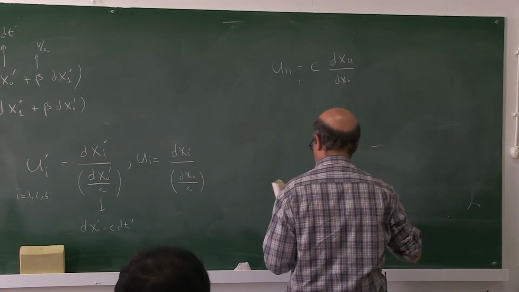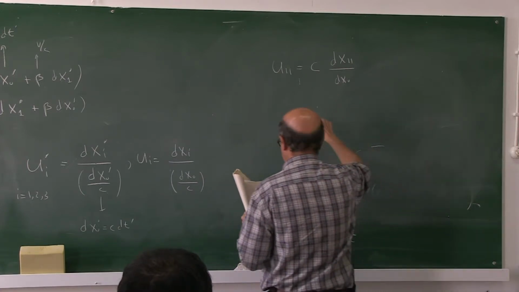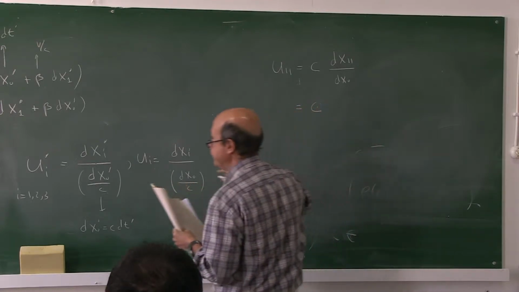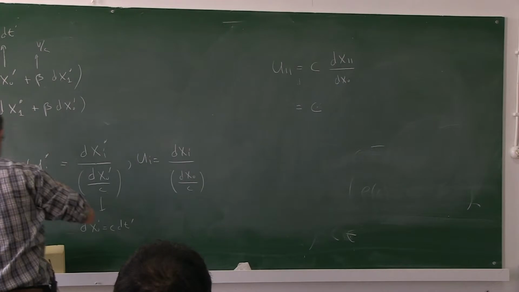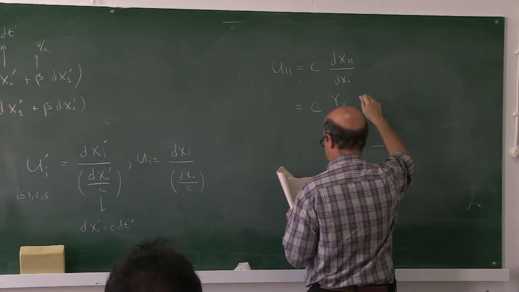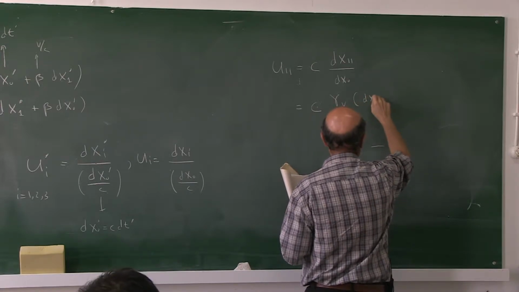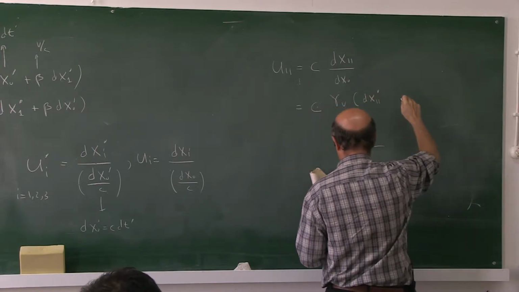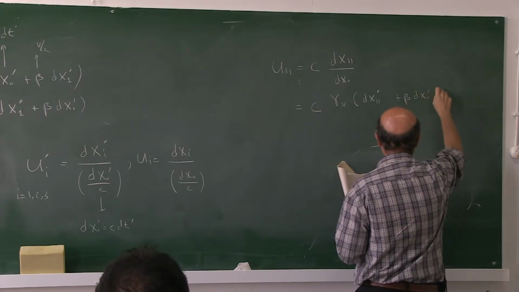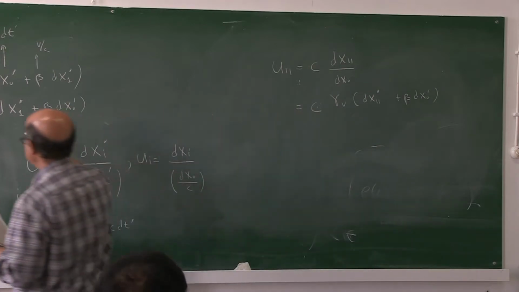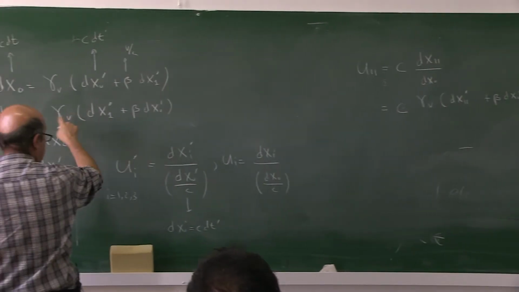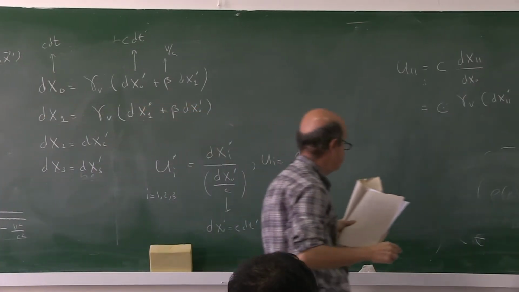So take the dx parallel and plug it there. If you do this, you will get c times dx parallel, which is gamma v times dx parallel prime plus beta dx0 prime. These are the parallel components in one dimension.